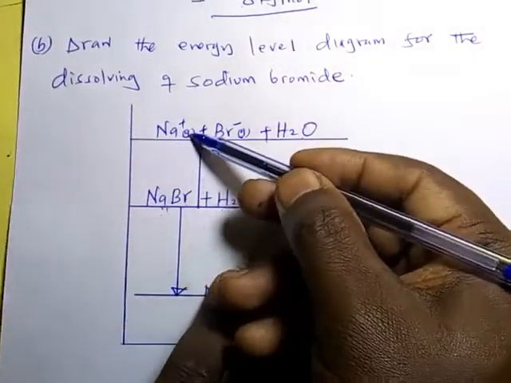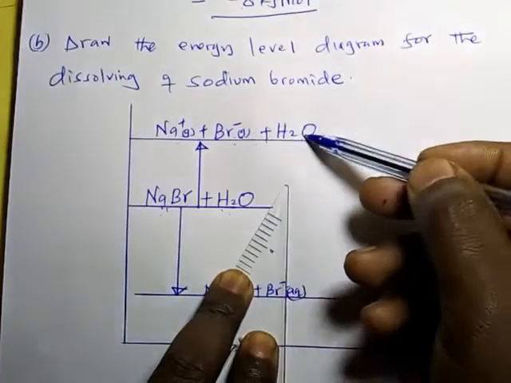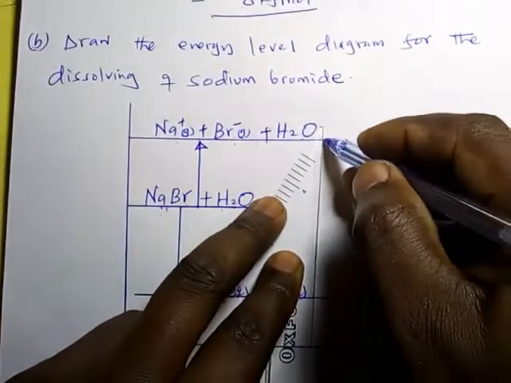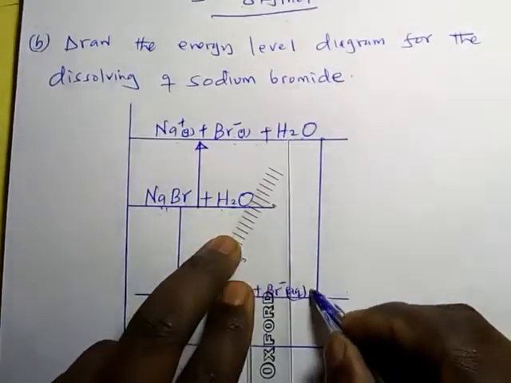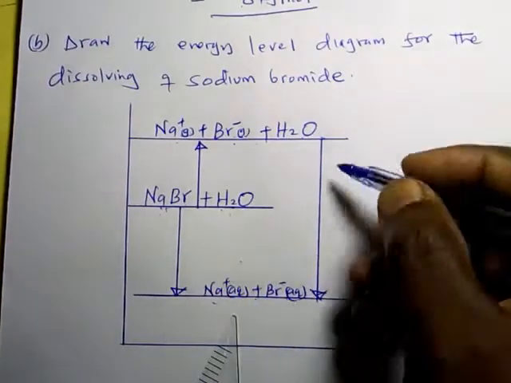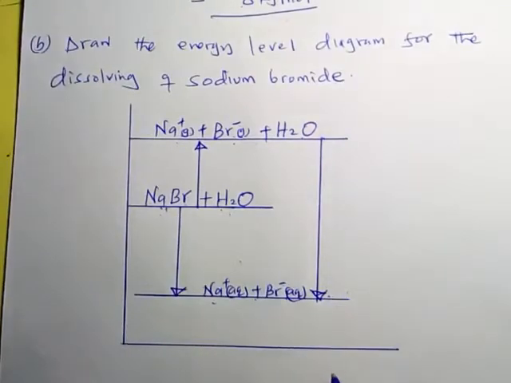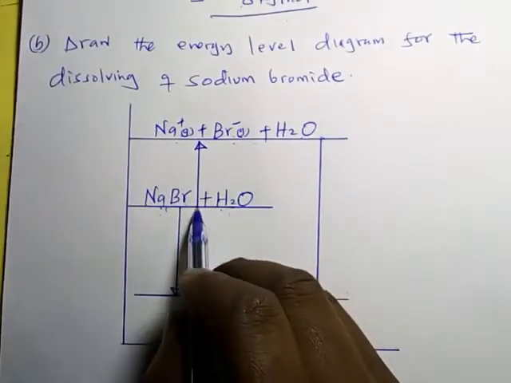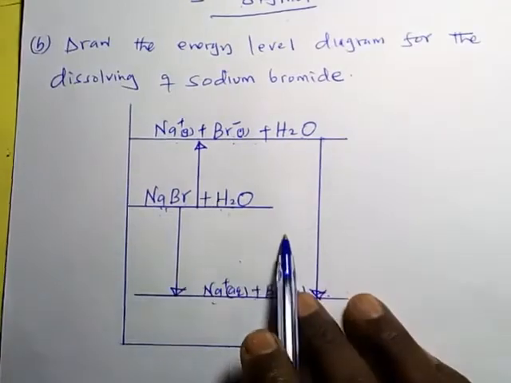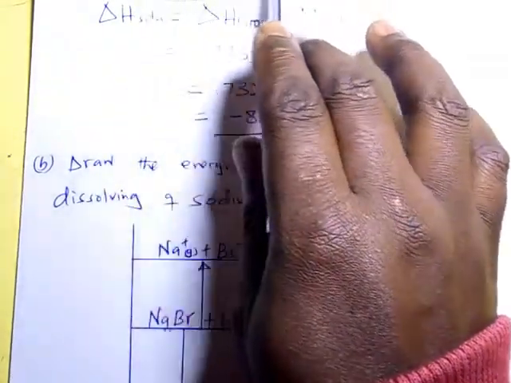So sodium ions in gaseous form plus bromide ions in gaseous form plus water, what did they form? They directly form this one, which is in aqueous, right? So that's why this arrow comes like this. Now from the equation we have hydration energy.